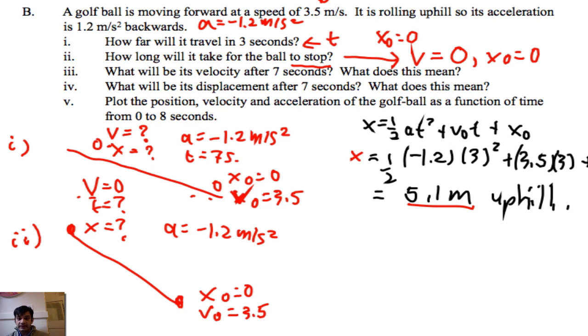So let's go ahead and set up our equations. So once again, let me just get all the numbers right. So we will have x as our unknown, and we have t as our unknown. So x equals 1/2 times negative 1.2 times t squared plus 3.5 times t plus x naught.